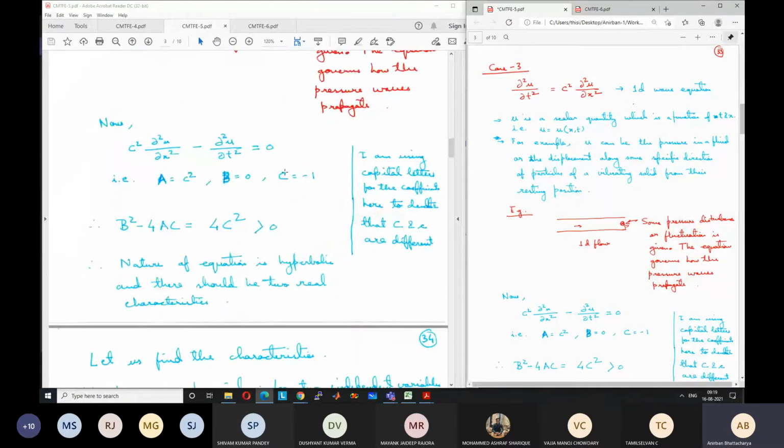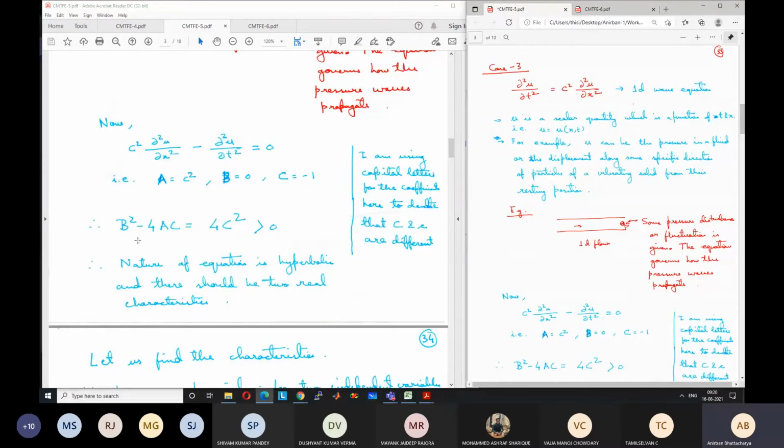So b square minus 4ac here is 4c square, with the small c, which is obviously greater than 0.